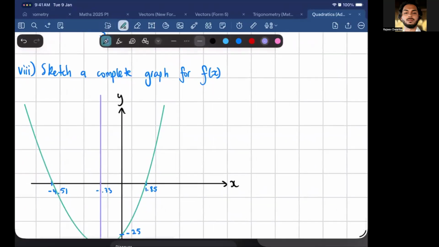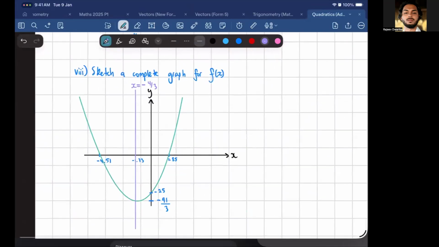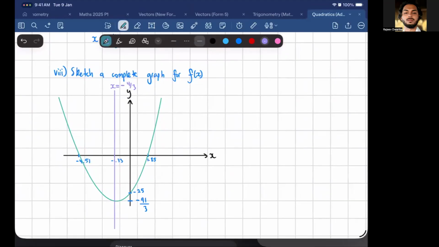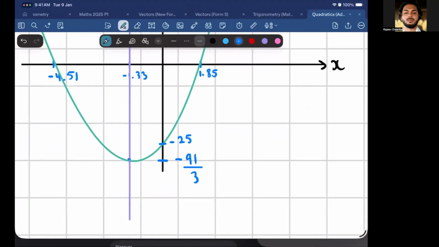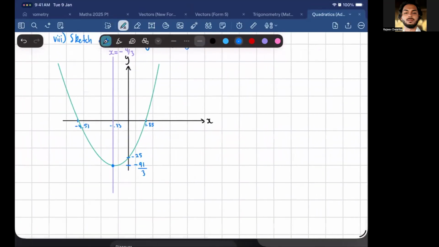You would say x is equal to -4/3. And this is like the perfect graph. This is as much as they can test you on at this level. They can't test you past this.